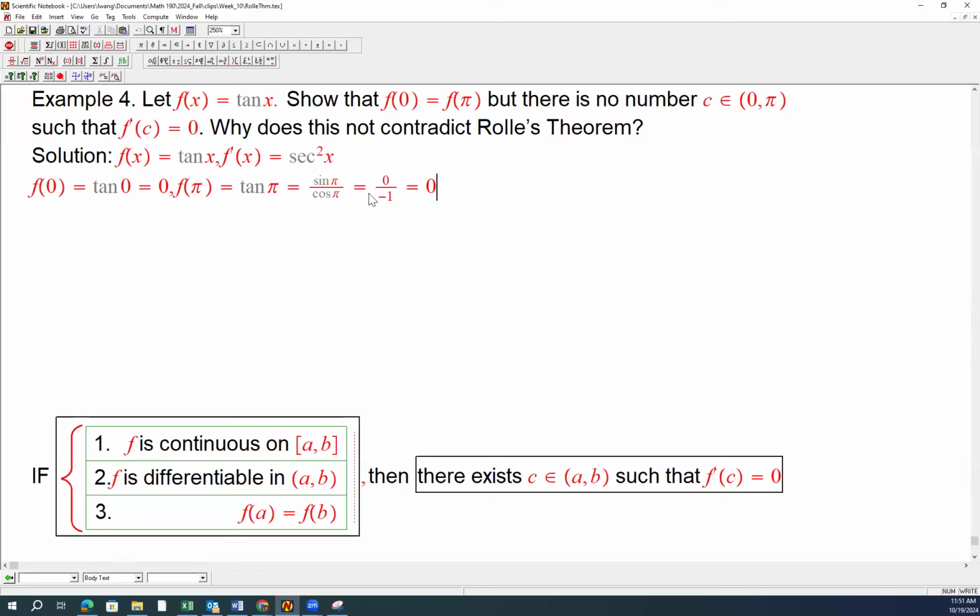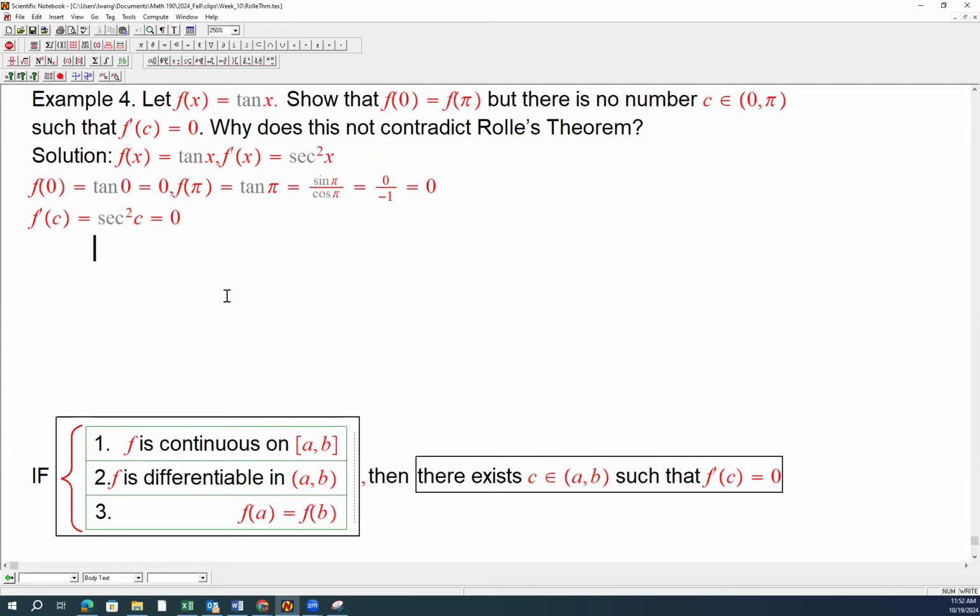And if you go ahead and say, I'm going to apply Rolle's theorem and take the derivative, f prime of c equals 0, what do we get? Do we find a solution?